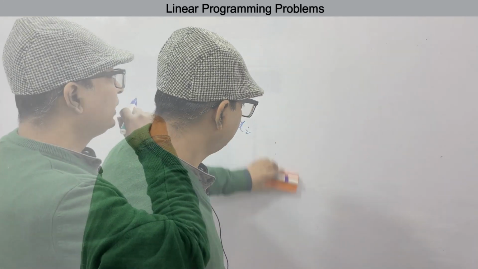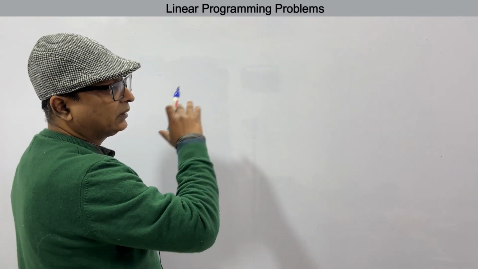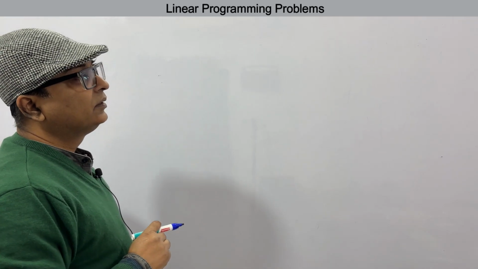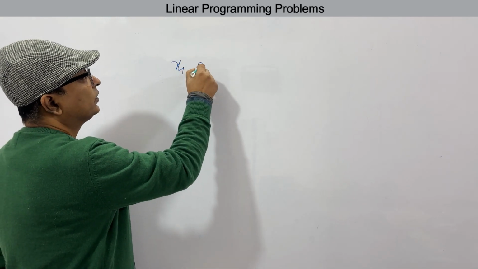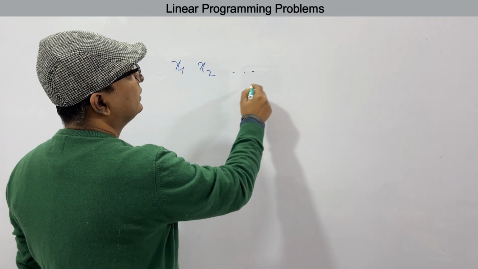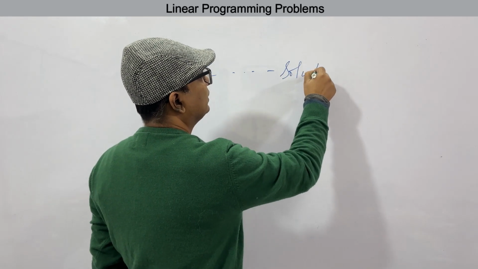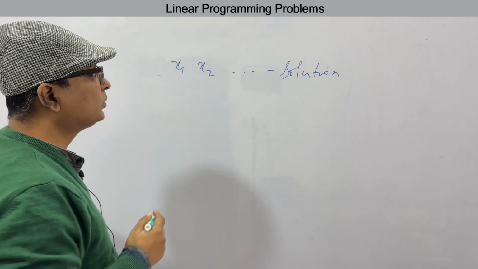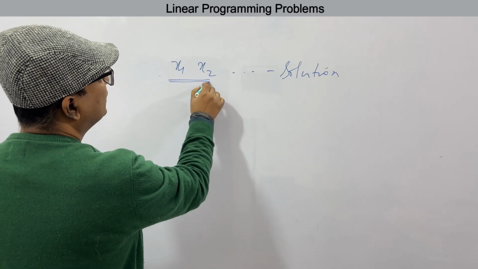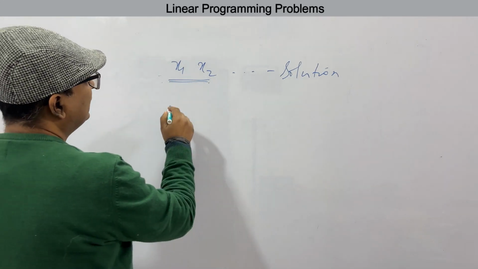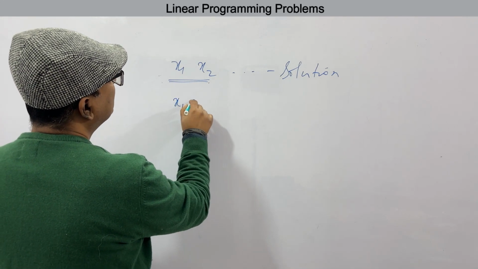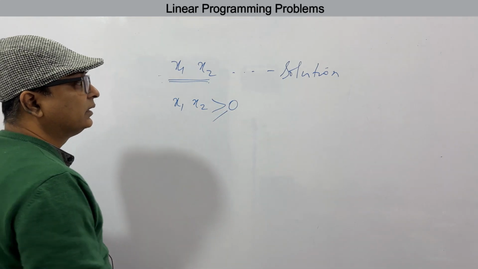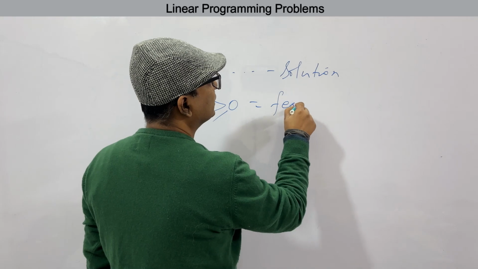Now, if we have certain equations or inequalities and we get solutions for x1, x2 and so on, that is called solution. For example, x1 equal to 2, x3 equal to 5, x4 equal to -1. So this set is called solution. Now, when we have a constraint that these are greater than equal to 0, then it is called feasible solution.